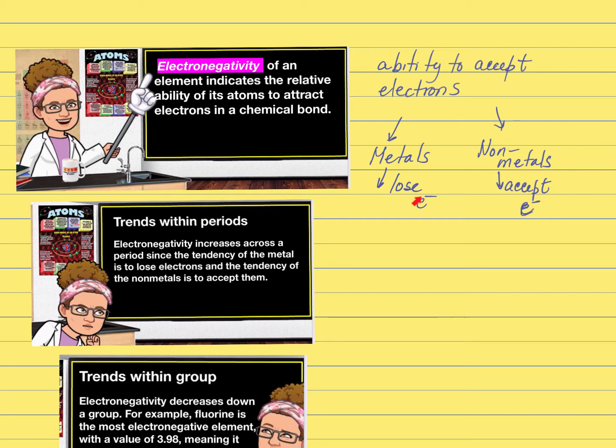Because the metals are losing, the non-metals are accepting. And between a metal and a non-metal, the non-metal is going to have the greatest electronegativity. Why? Because the tendency of the metal is to lose, while the tendency of the non-metal is to gain electrons.